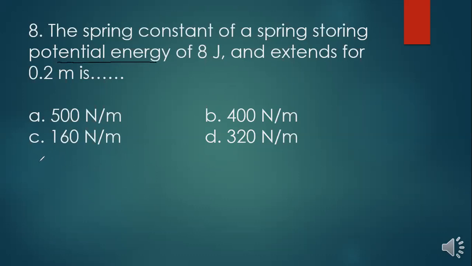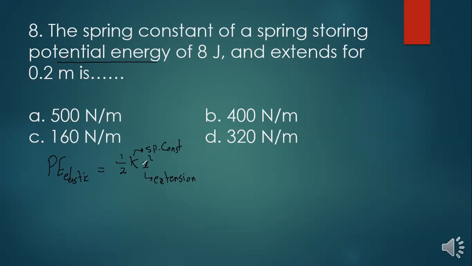A quick review for the elastic potential energy. PE elastic is equal to half kx squared, right? Where k is named the spring constant and x is the extension. This is the extension and this is the spring constant, right?